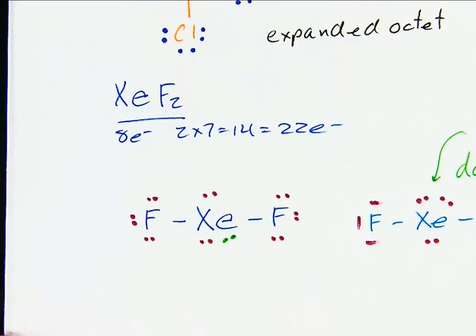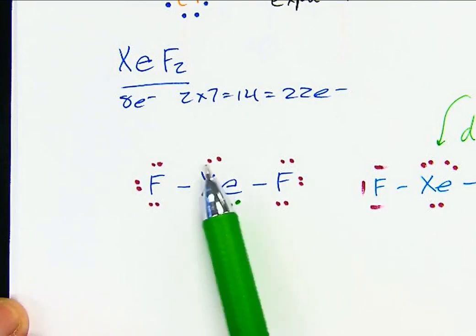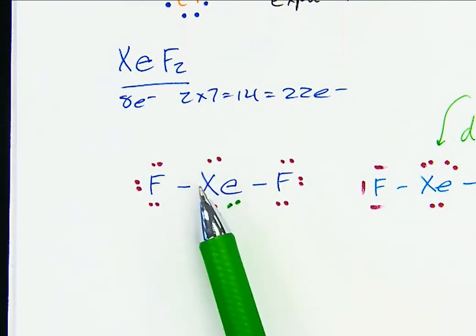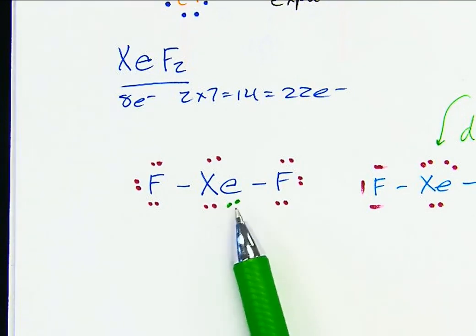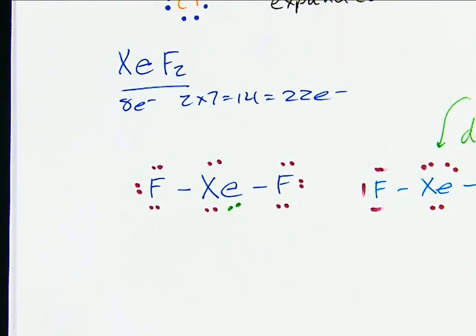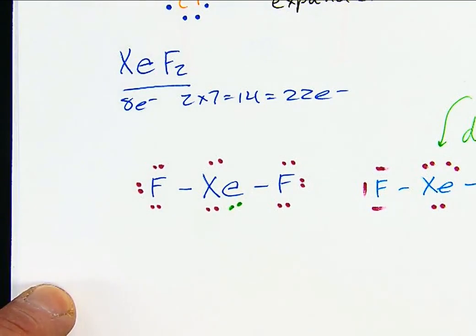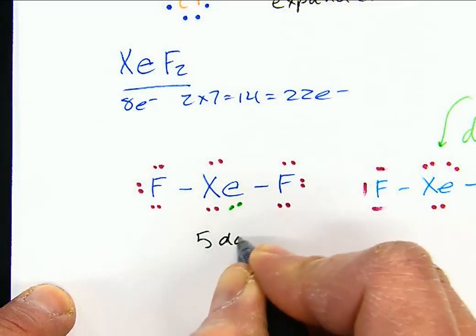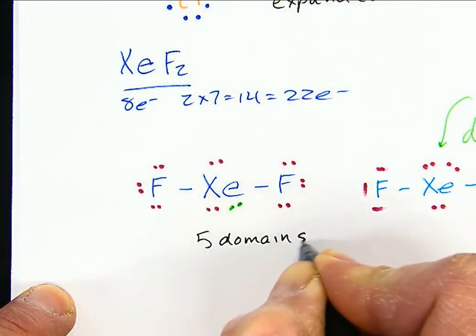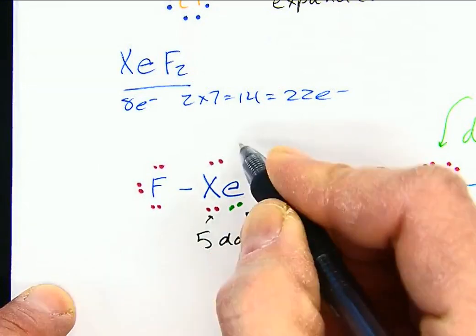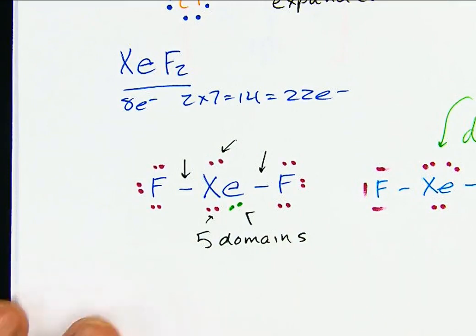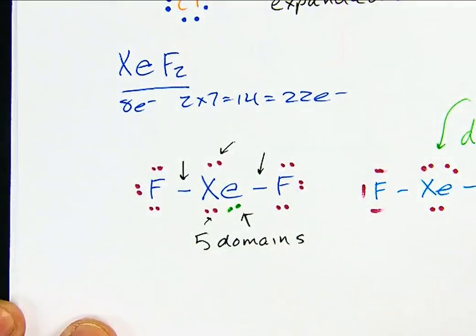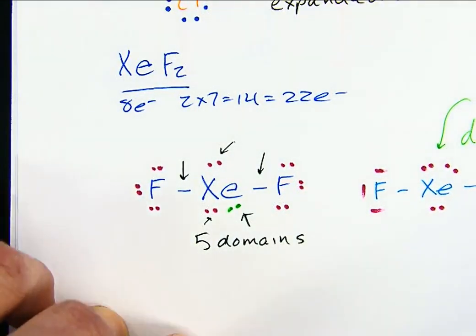Now for xenon, when we draw it out, it doesn't look like we have more than 4 things, but when we have extra unshared electrons that we didn't get rid of, they go around the central atom. And if you look, this does include what we call 5 domains. There are 5 places or regions that are needed. 1, 2, 3, and then these. So we still have 5 domains. It's still considered what is called an expanded octet.